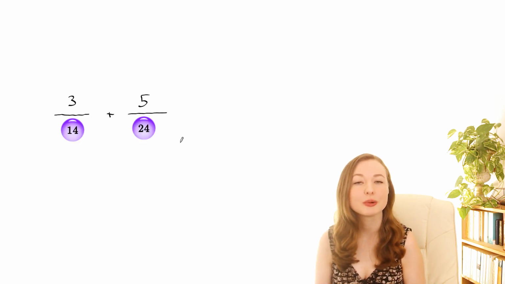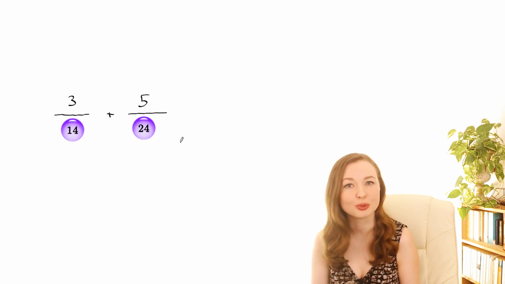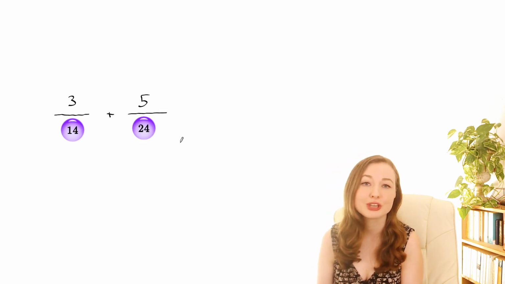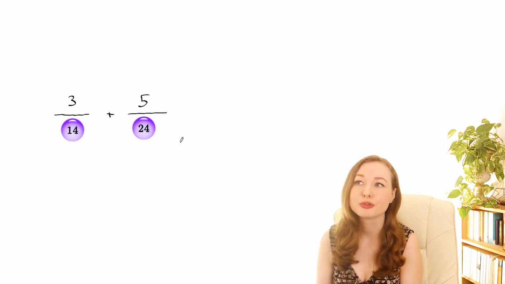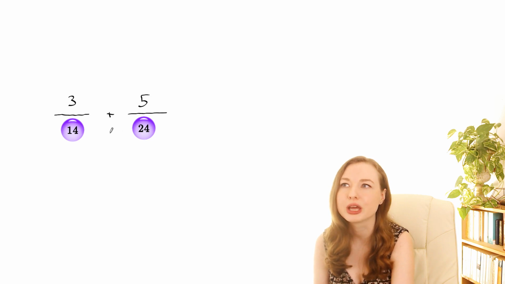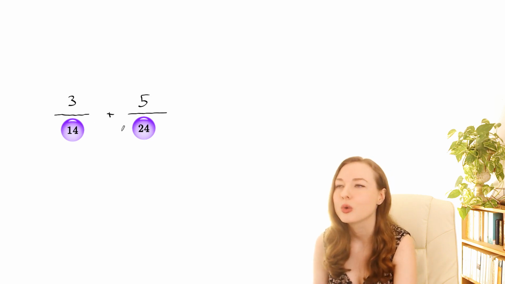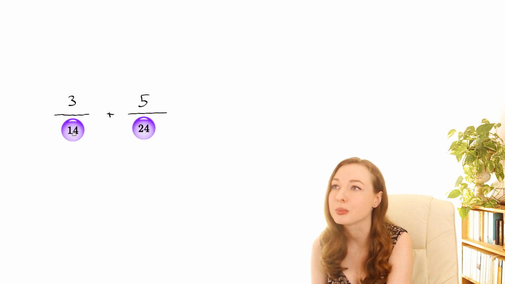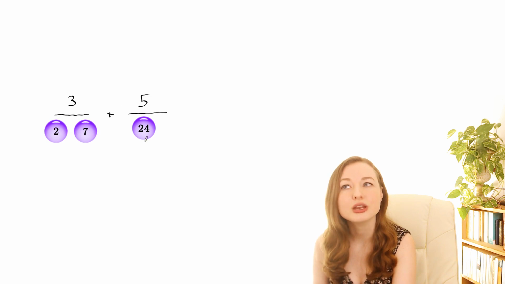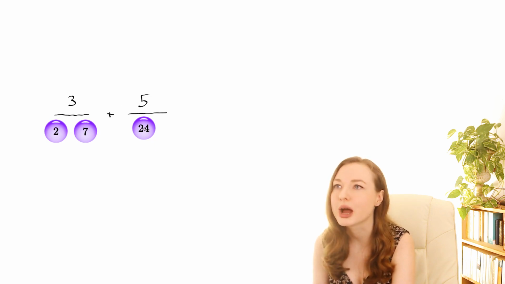Another situation where I would use this style of thinking is when I'm trying to work out the lowest common multiple of two numbers. So for example, if I was working out 3 over 14 plus 5 over 24, and I want to make a common denominator so I can add these fractions, what I would do is I know that the 14 can be split up into 2 by 7, and then the 24 can also be split up into 2 by 12.